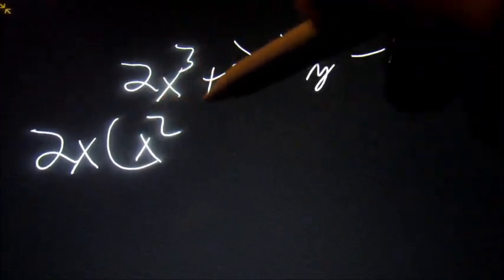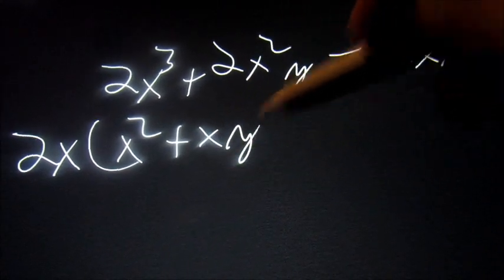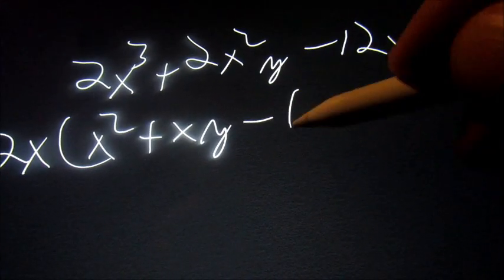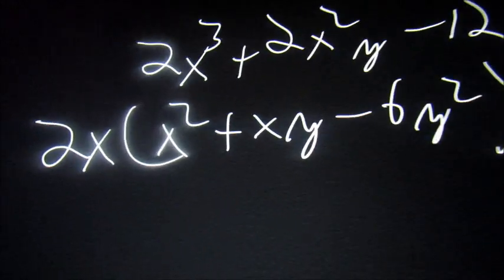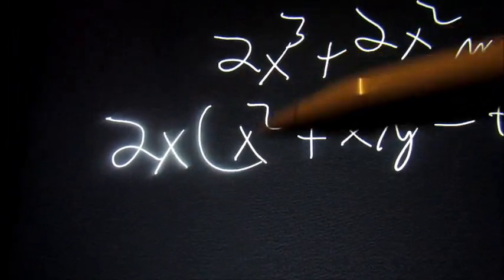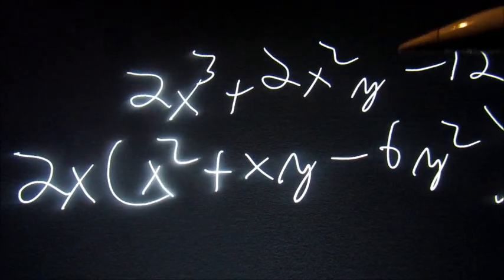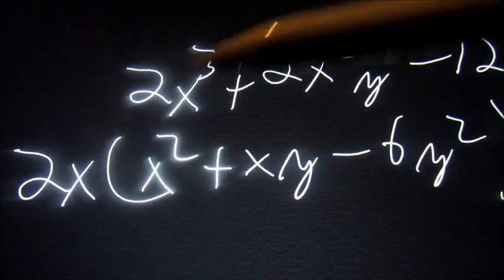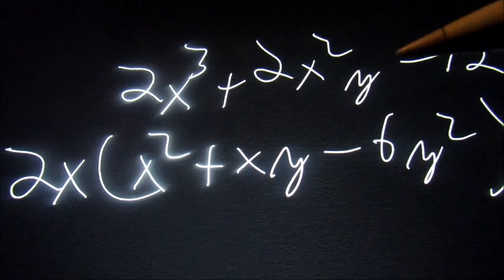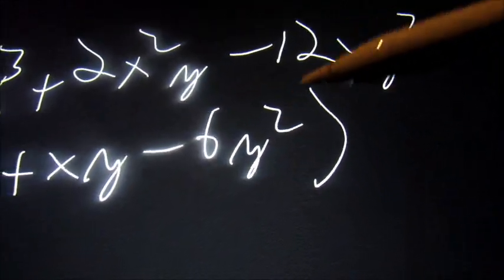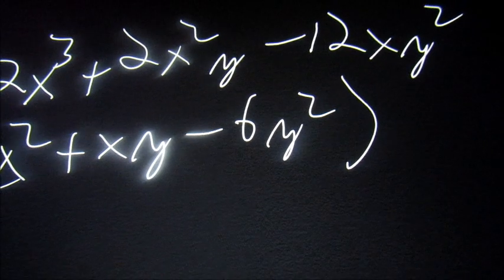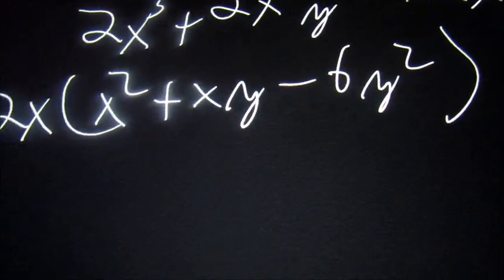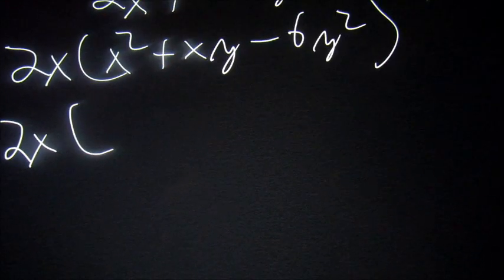So 2x, and I'm left with x squared plus xy minus 6y squared. 2x to the 3 divided by 2x is x squared. 2x squared y divided by 2x: we can divide the 2's, x squared divided by x is just x, and we keep the y. And here, x divided by x is just going to be 1, so we just have 6y squared. So we keep the 2x.